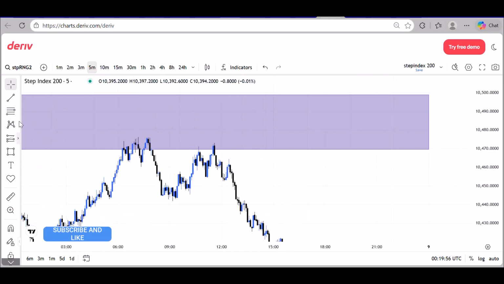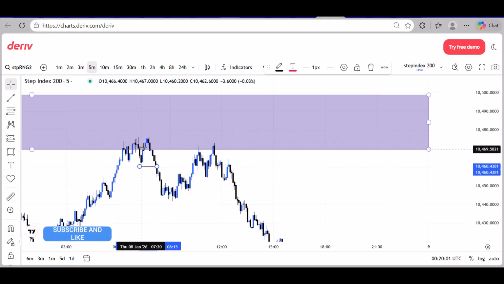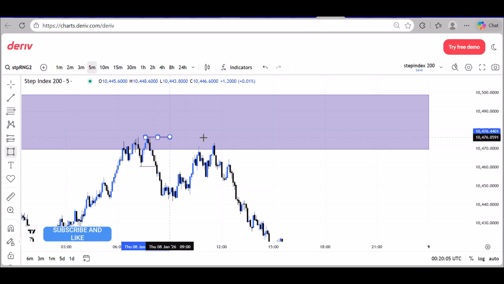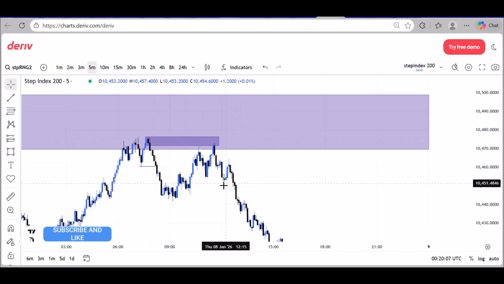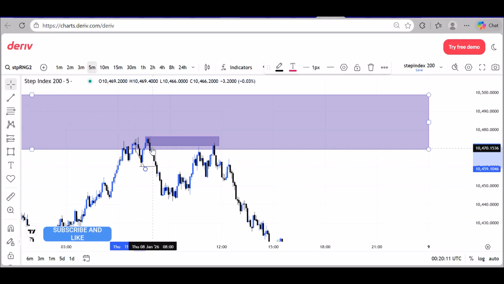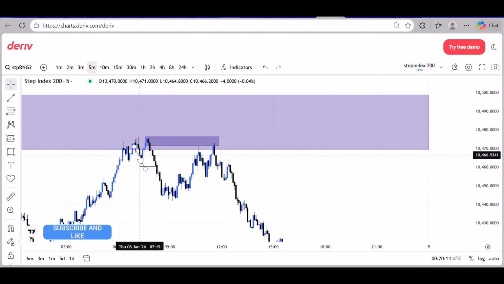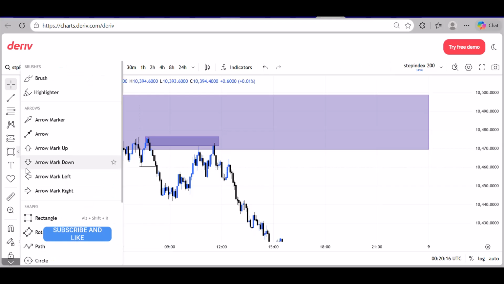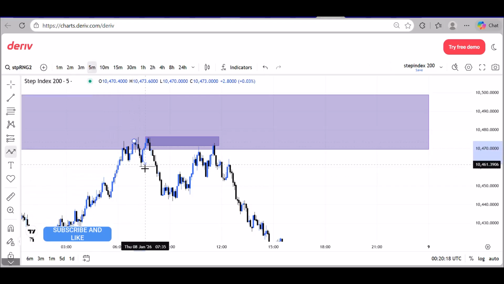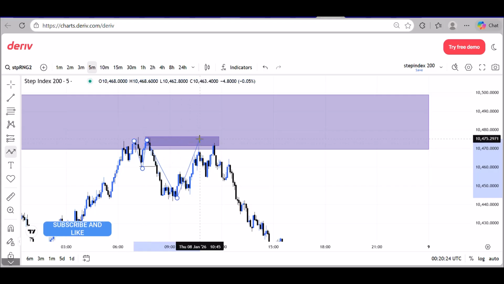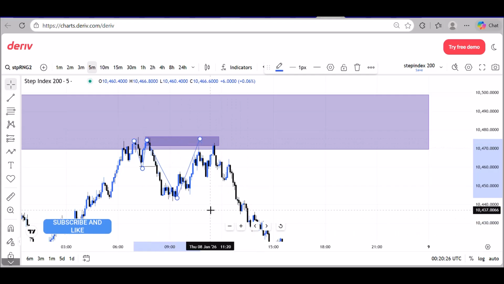So what did we see? We saw that there was a break of structure to the downside. Price tapped into our zone, and there was a break of structure. This is the zone that caused the break of structure. This zone right here caused the break of structure. So we saw this break of structure, and price tapped into the zone that caused the break of structure, and then it sold.